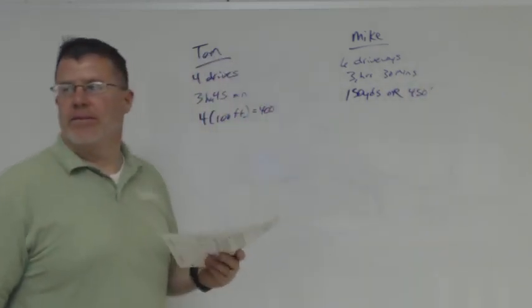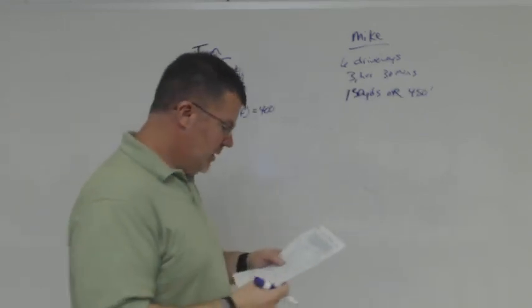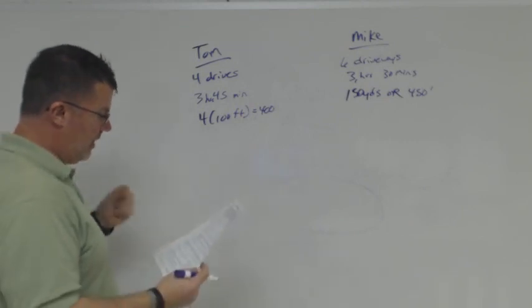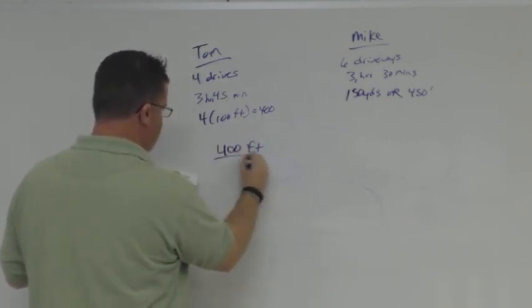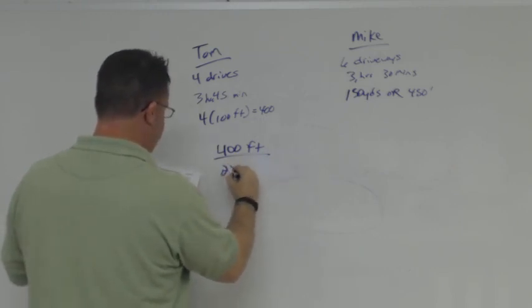Because how many feet in a yard? 3. So 3 times 150 is 450. So let's jump back over to Tom. Tom did 400 feet, and he did it in 225 minutes.